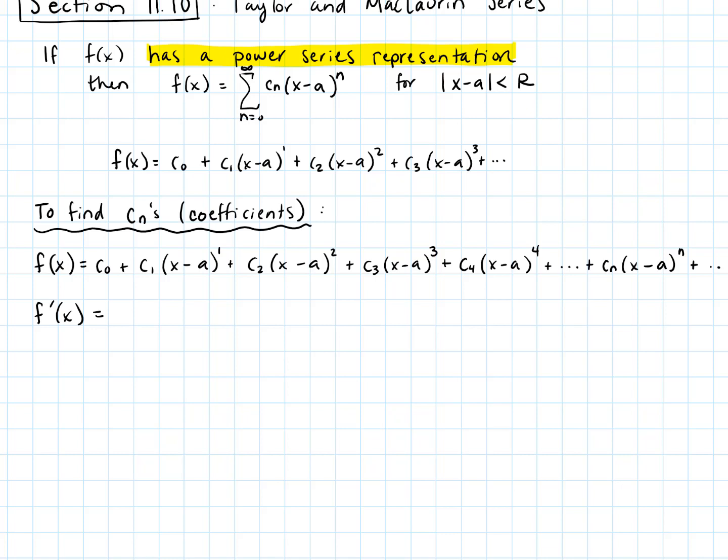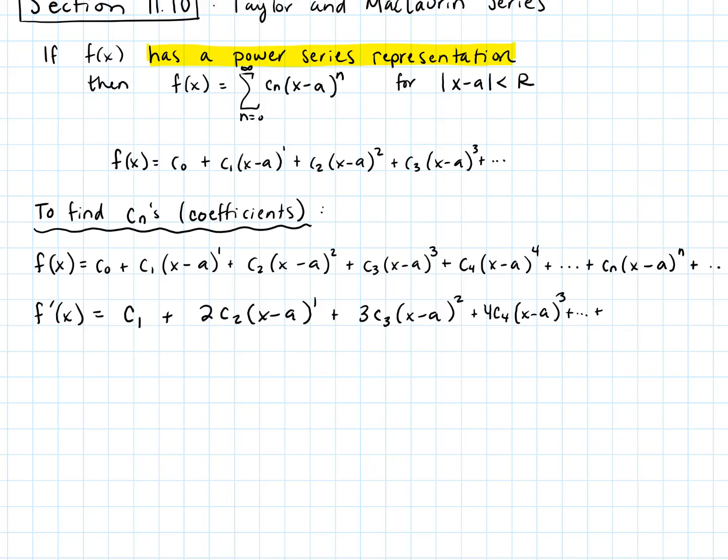The (x minus a) to the first power becomes 1 times (x minus a) to the 0, so this becomes just c1, plus 2 times c2 times (x minus a) to the first, plus 3 times c3 times (x minus a) to the second, plus 4 times c4 times (x minus a) to the third, and then on we go.